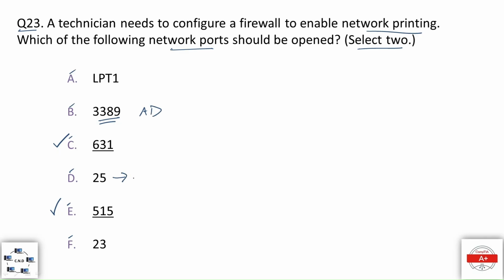This port is used by SMTP, Simple Mail Transfer Protocol, and this is the port used by Telnet for remote management and configuration of network devices, but it is unsecure, and most often we use SSH, which uses port 22. So let's go to the explanation.